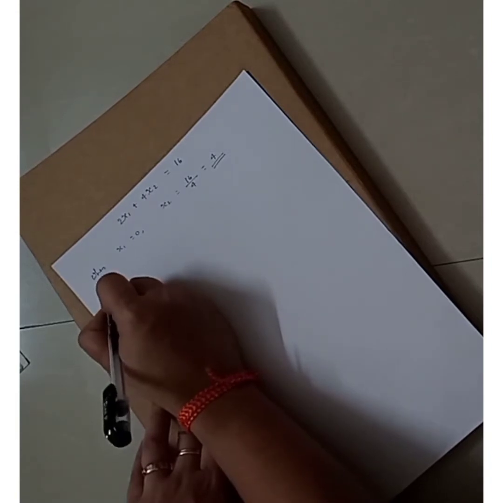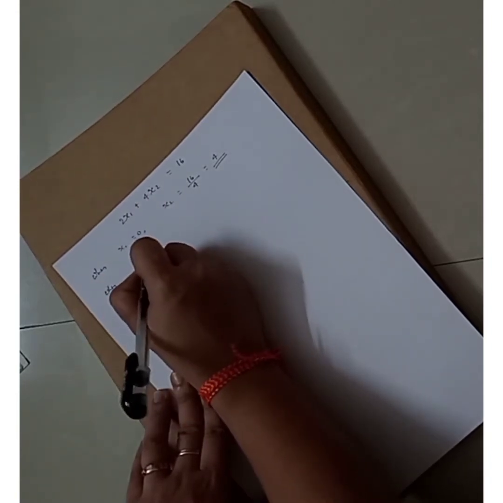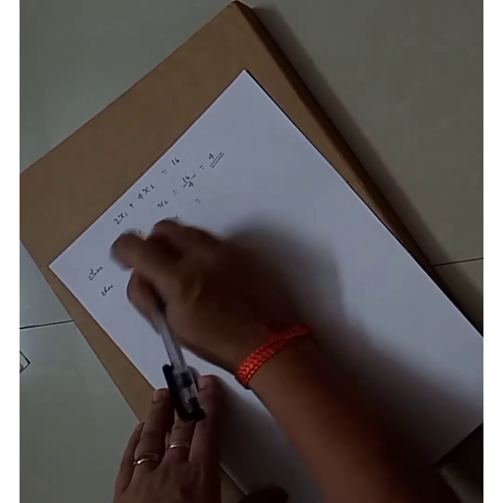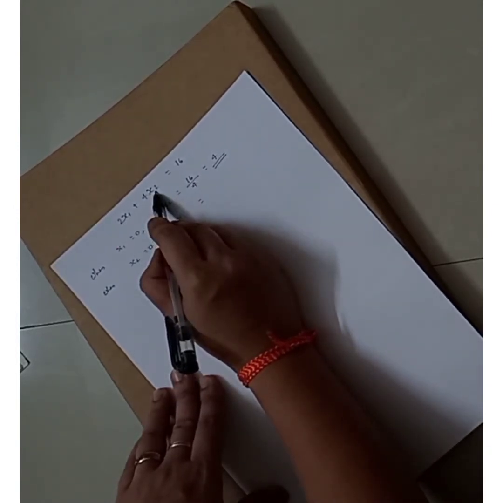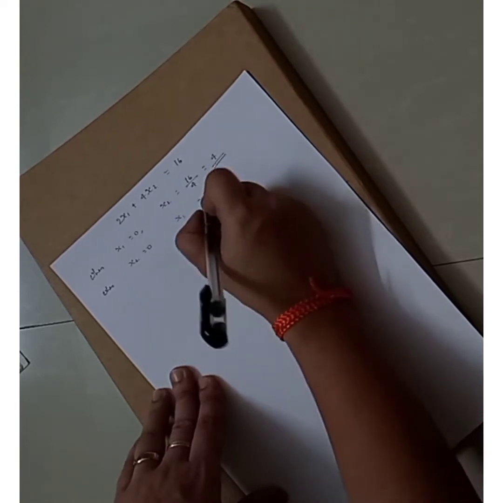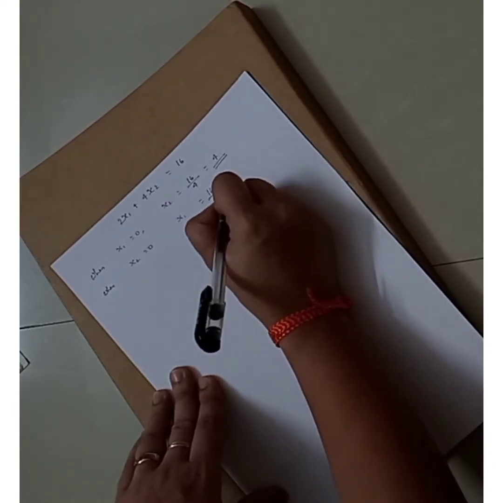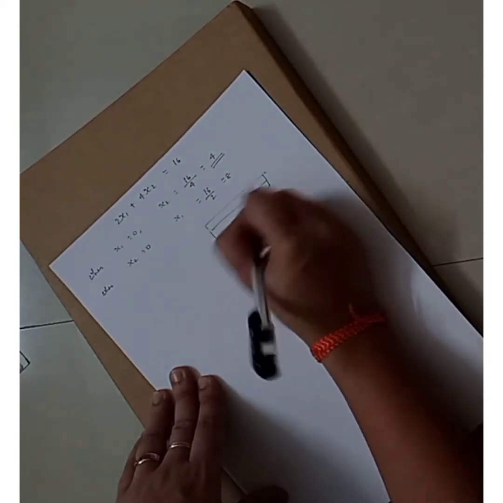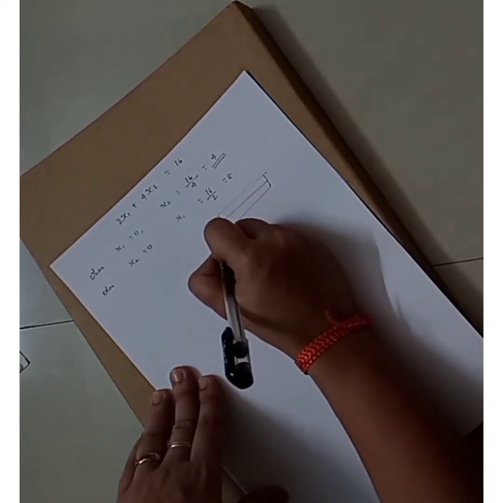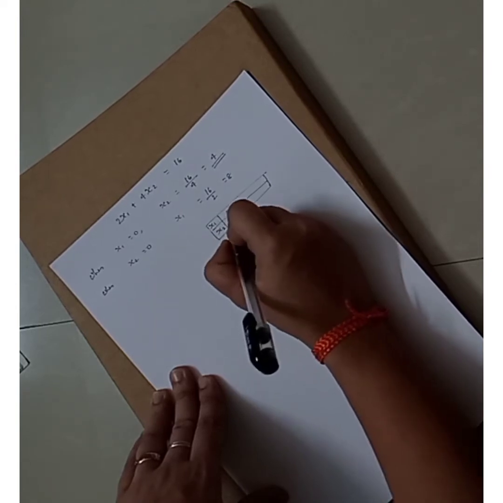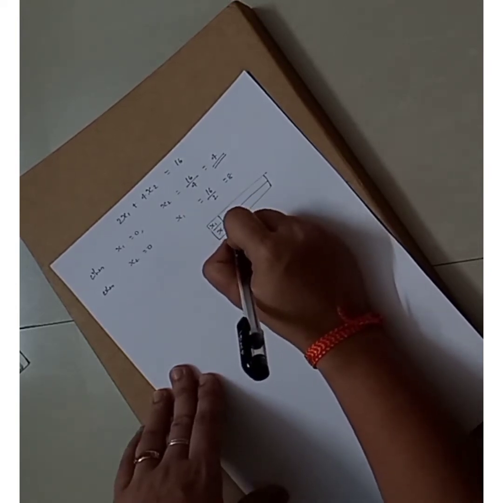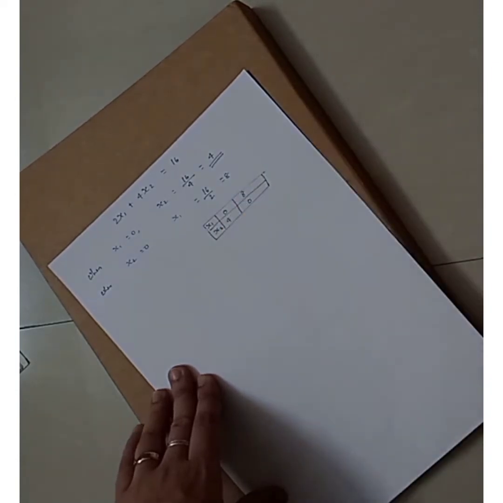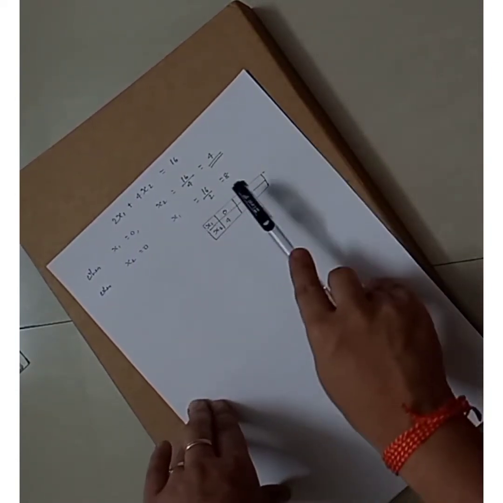Similarly, when you put x2 equal to 0, you get 2x1 equal to 16, so x1 is 16 divided by 2, which is 8. You can put it in a table like this: when x1 is 0, x2 will be 4, and when x2 is 0, x1 will be 8. So you have two points, (0, 4) and (8, 0).